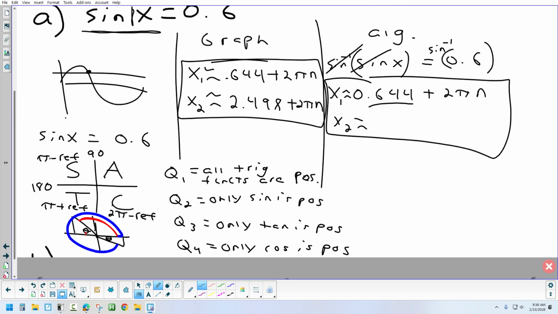Look at the original problem. It says sine of x equals 0.6. Is 0.6 a positive number or a negative number? Yeah? Positive. And it's equal to the sine function. So you're looking for where the sine function is a positive number. What two quadrants does sine come out positive?